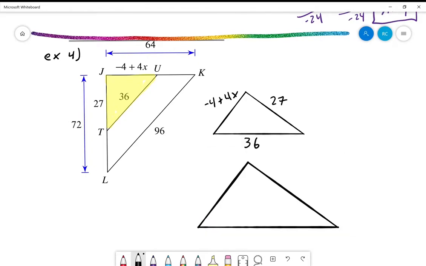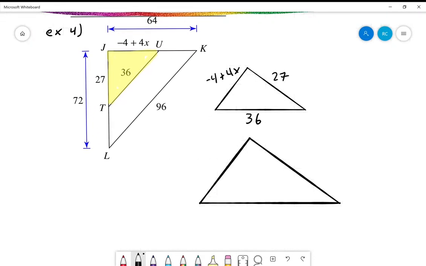All right, so what do we got here? We've got the longest side on the bottom, which looks like it's 96. And this longer side here, the side that matches up with 27, is 72.